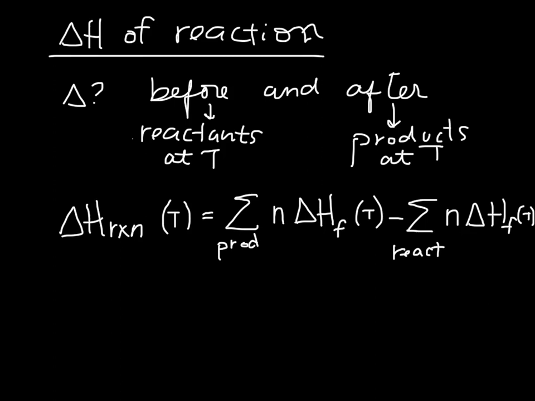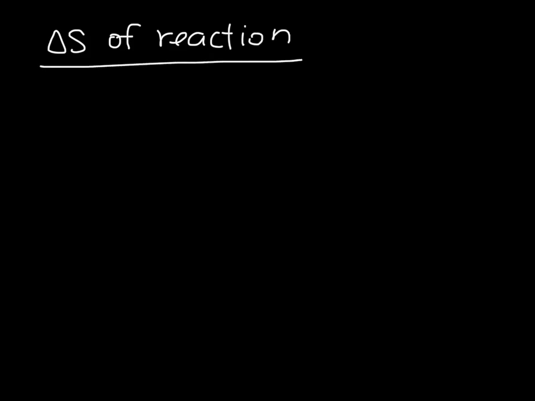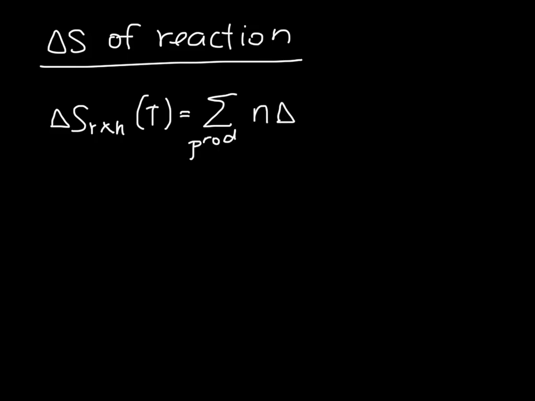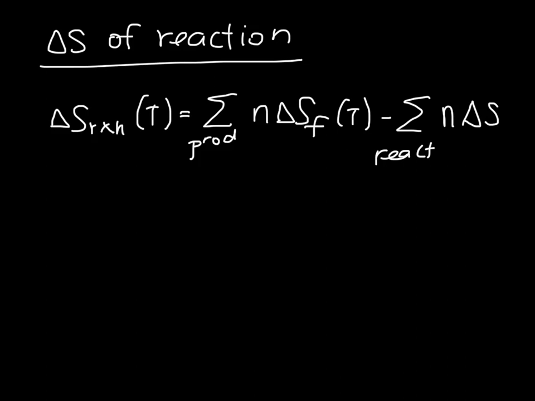And we could use a similar approach for the entropy of a reaction. So the delta has the same meaning, and we can calculate delta S of the reaction in that same way. So delta S of the reaction at some T, we can get either by summing over the products N times delta SF at T, and then subtracting off basically that same thing for the reactants.